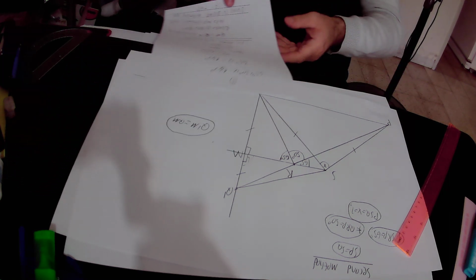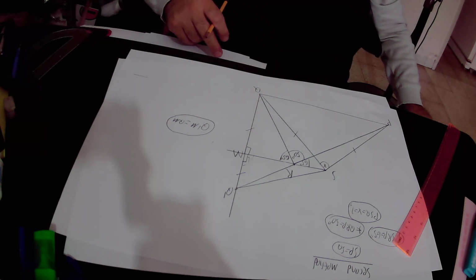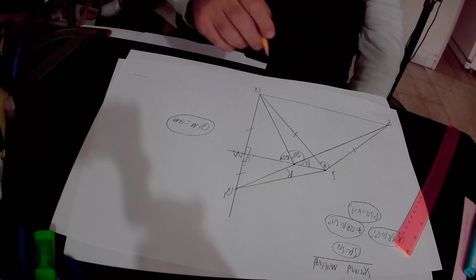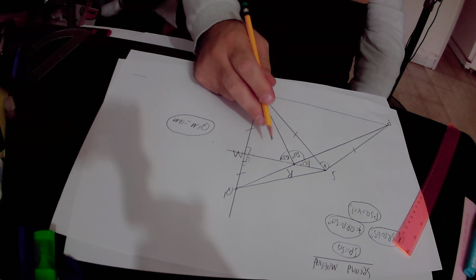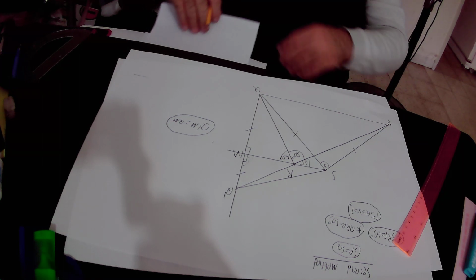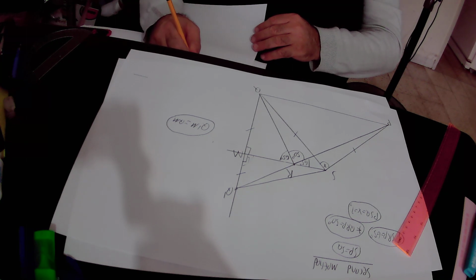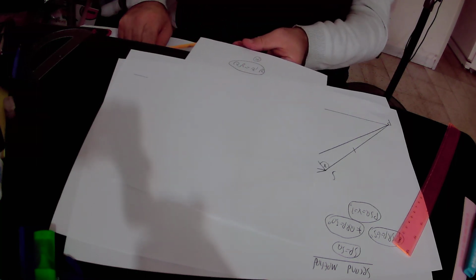So from the fact that those two triangles can go into each other, we can conclude that QR equals Q dash R, according to the rule that corresponding sides in congruent triangles are equal to each other.